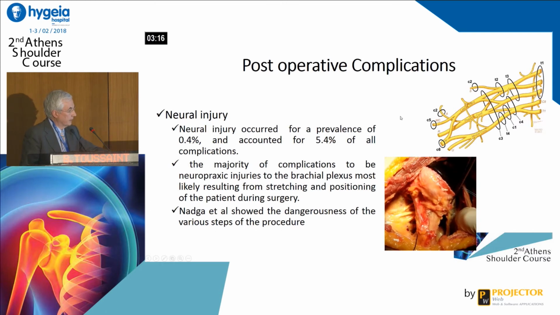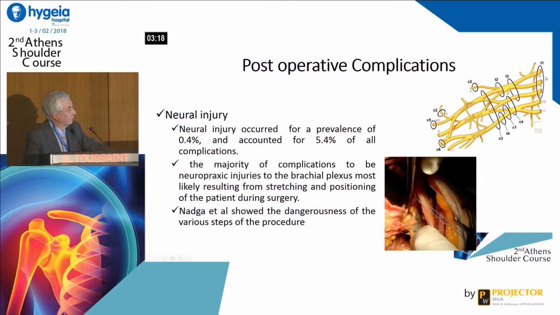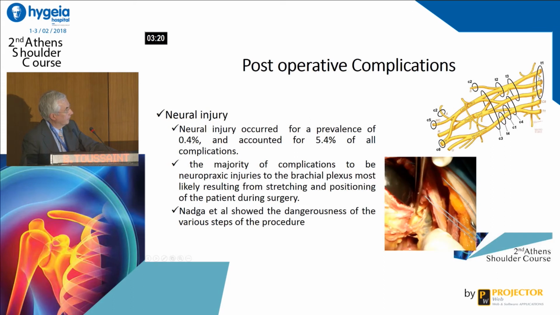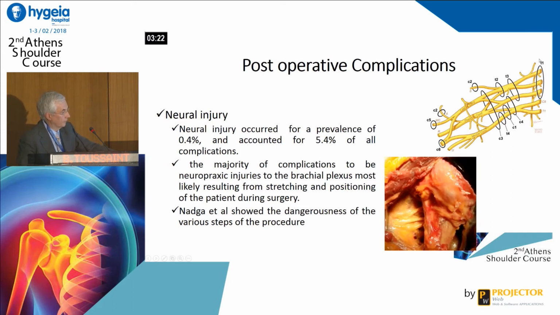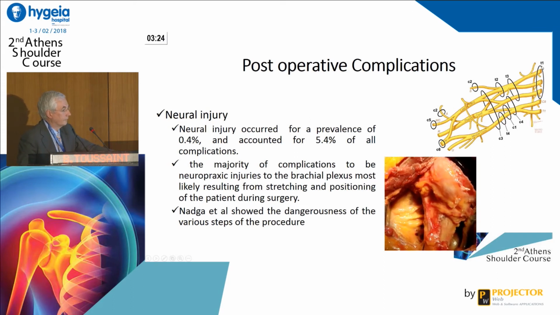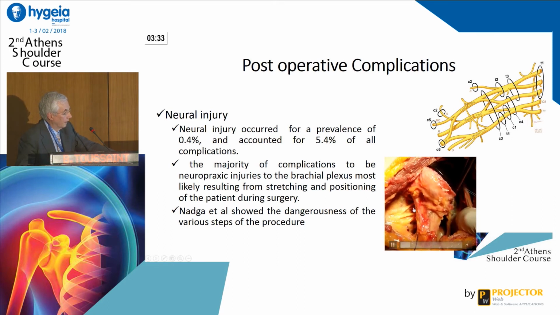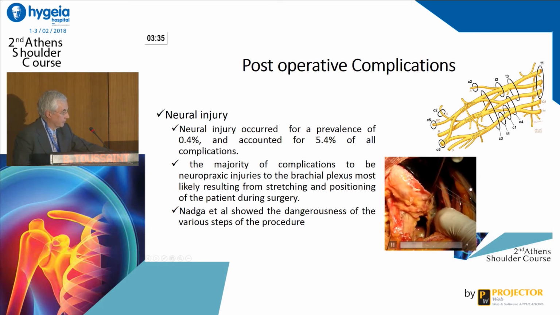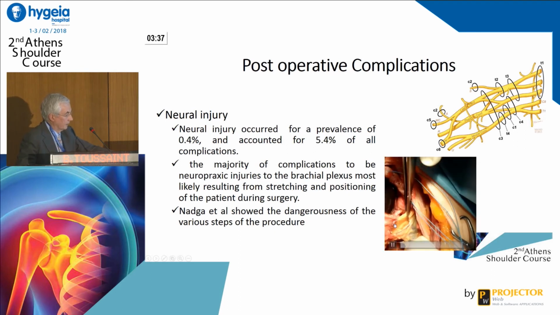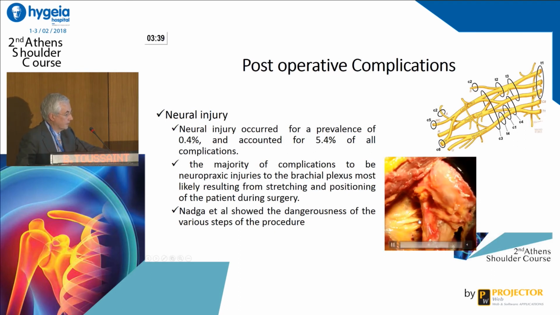For the nerve complications, the most frequent nerve injury is at the level of the roots and the trunk. And you see here the axillary nerve around the humeral extremity.